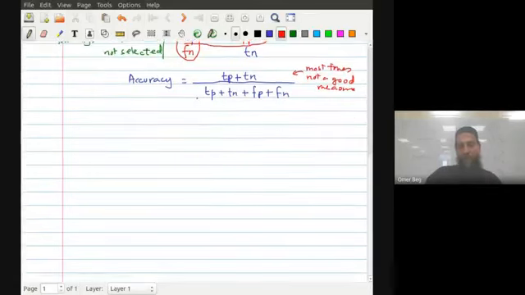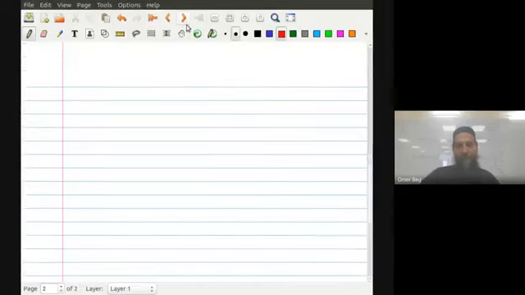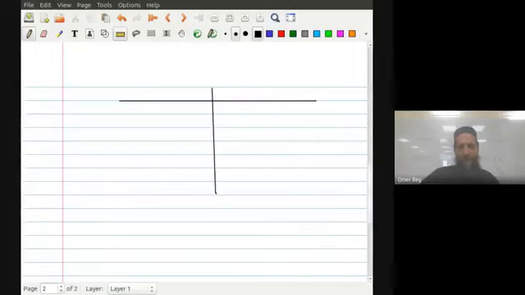Before I move on, let me show this to you using a figure that I like very much. Let me draw this figure. Let's say this is the space of samples.